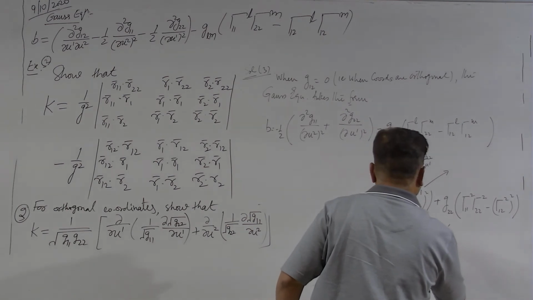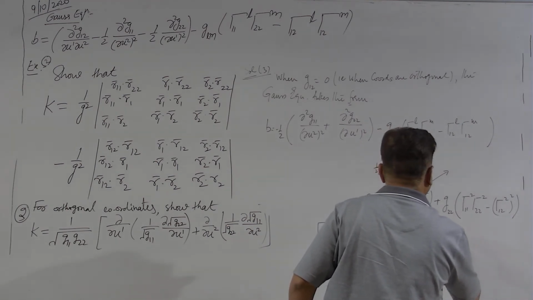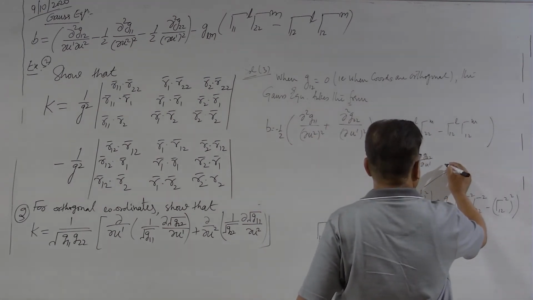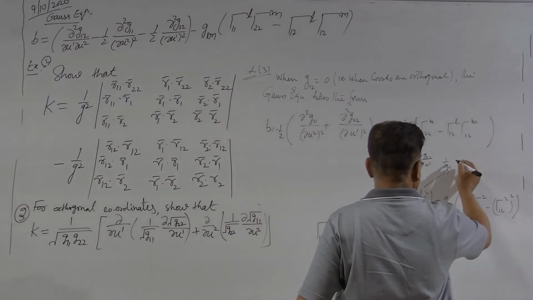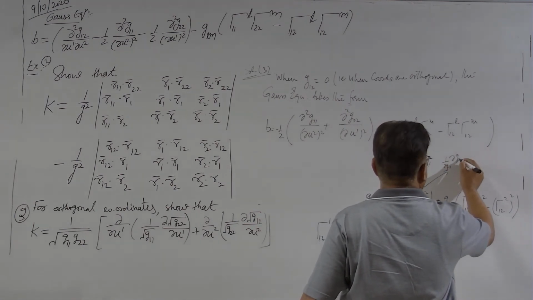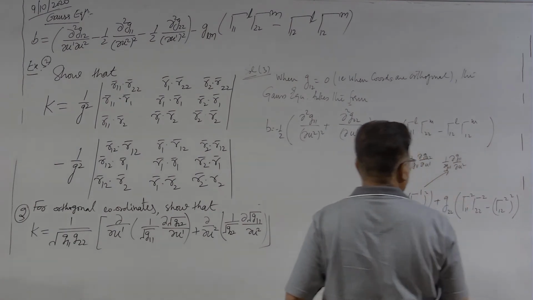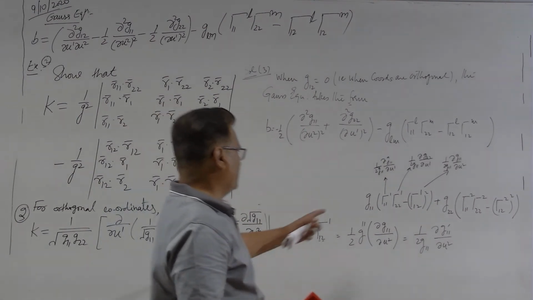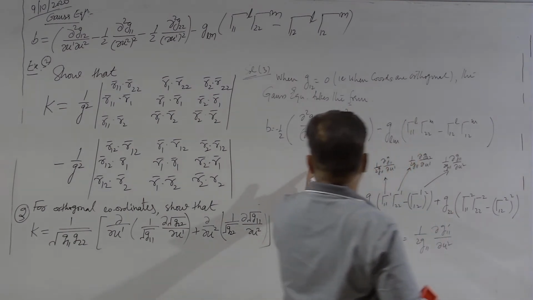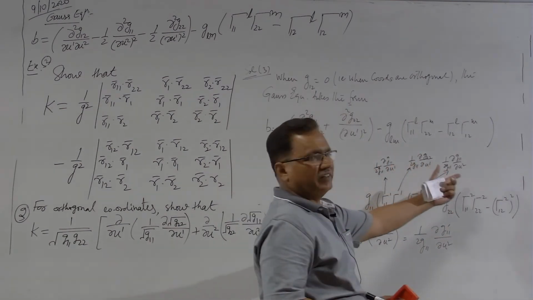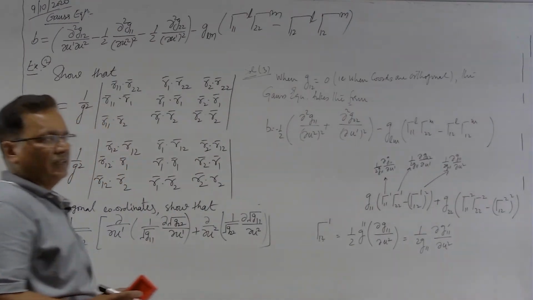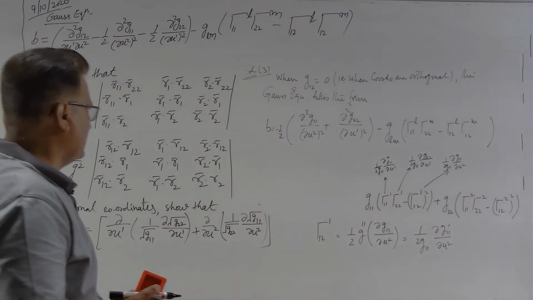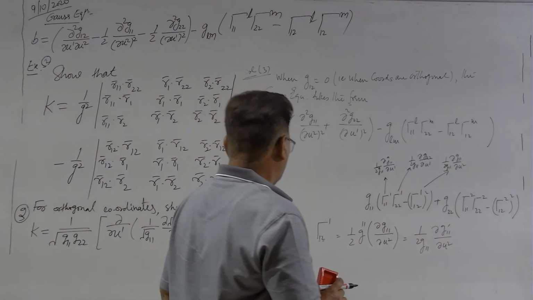This comes out to be 1 upon 2 G11 del G11 upon del U2. Similarly, you can compute those Christoffel symbols also. Just compute them and then adjust these two terms with these derivatives, and you can immediately get the answer. It is a matter of computation, nothing technical. I hope this can be done easily. The remaining computation I am leaving for the students.